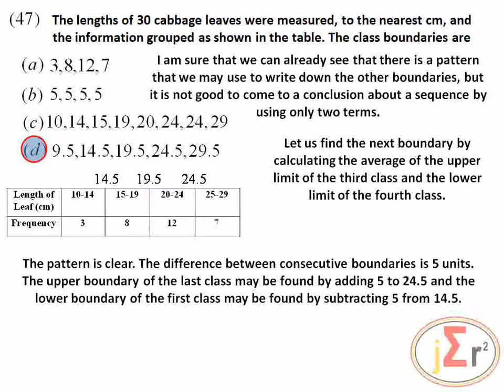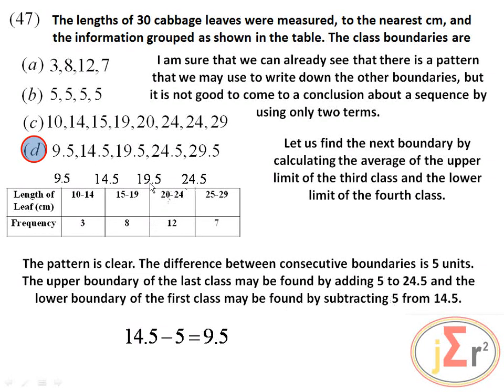The upper boundary of the last class may be found by adding 5 to 24.5 because we are increasing by 5. Add 5 to this one and we will get the other one. And the lower boundary of the first class may be found by subtracting 5 from 14.5.